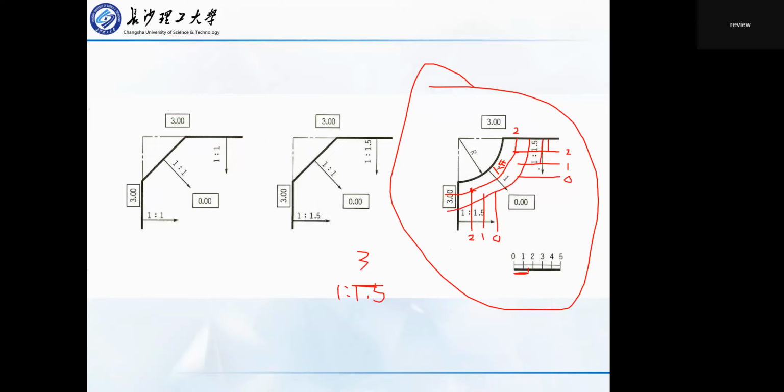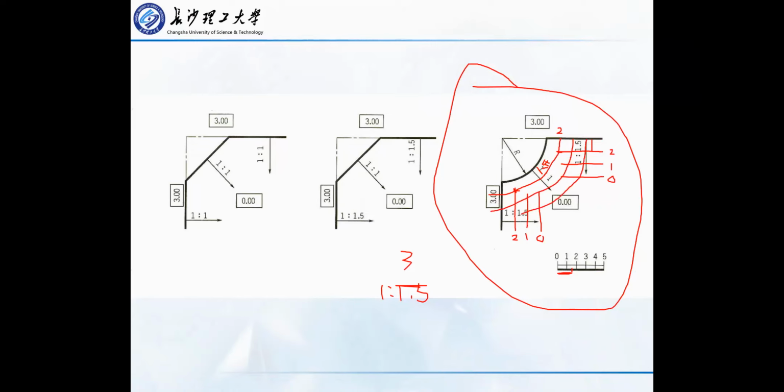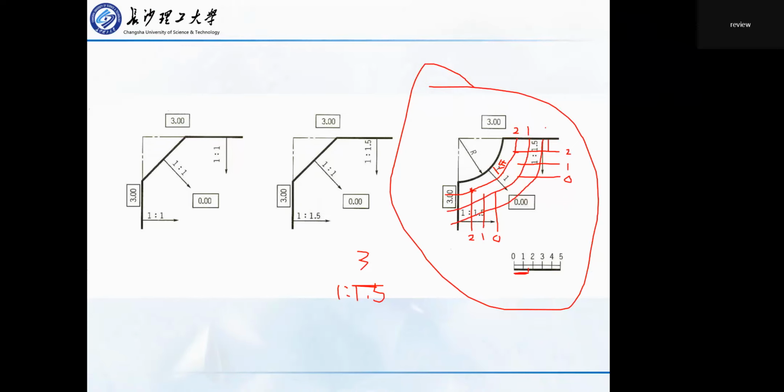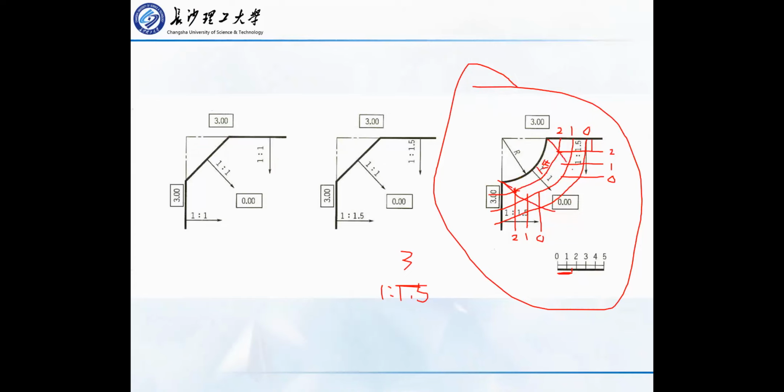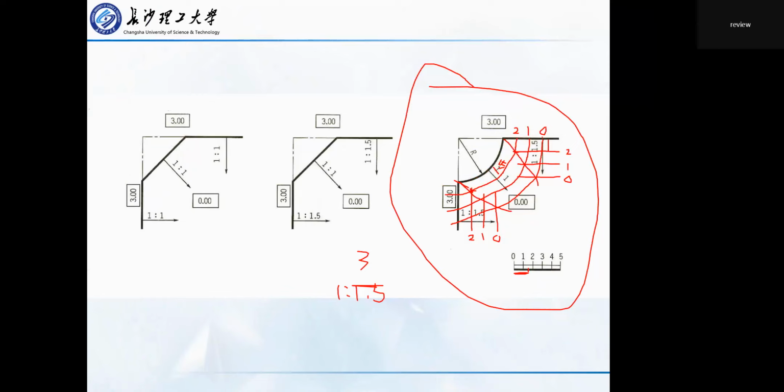And we get the cross points, or we get an intersection like this. That is the way to get the intersection line of the surface of a cone and a plane.